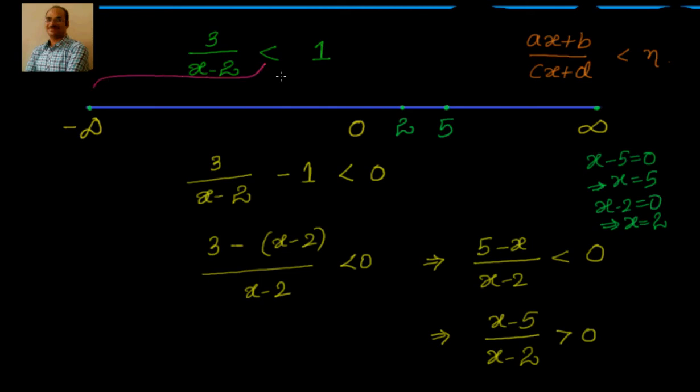This is the first part, this is the second part, and this is the third part. Always remember, whenever you find this kind of problem, your solution will be either 2 or it will be the union of 1 and 3. We will see how it is.